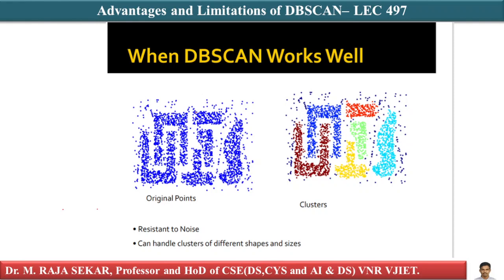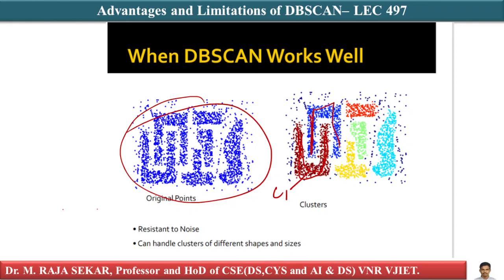Imagine this is my original data. So what I have as my final clusters: this whole set of brown points that we see here is one cluster. This is, let me say, C1. All of these points, let me say, second cluster.